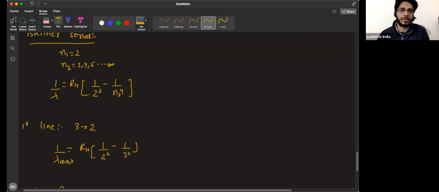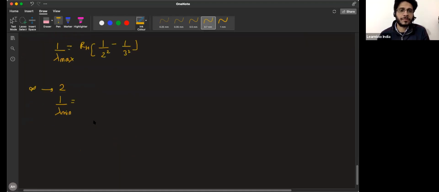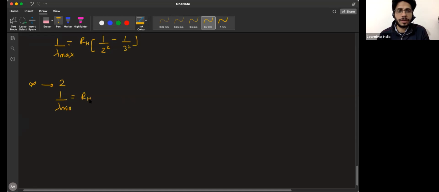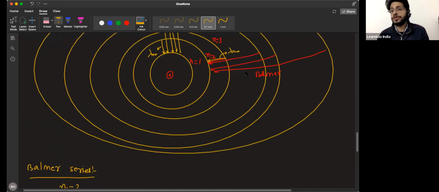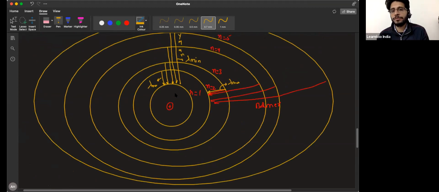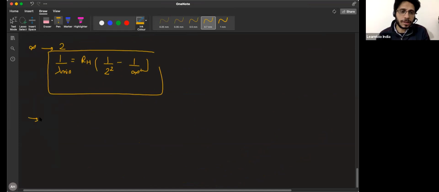No, sorry, n2 square. So 1 by lambda minimum is RH times (1 by 2 square minus 1 by infinity square). For this last transition, the energy difference is maximum, so the wavelength will be minimum. That is the Balmer series, and the Balmer series lies in the visible region of the spectrum.